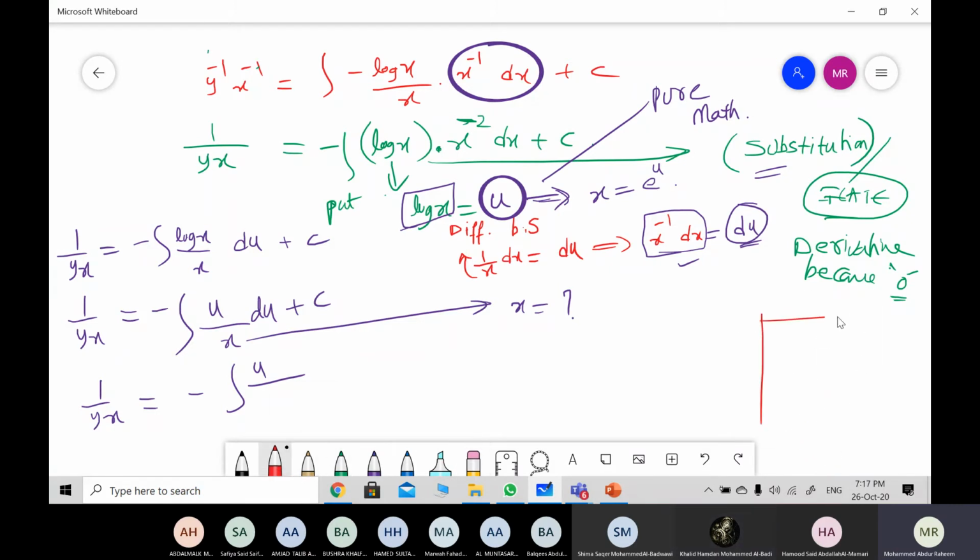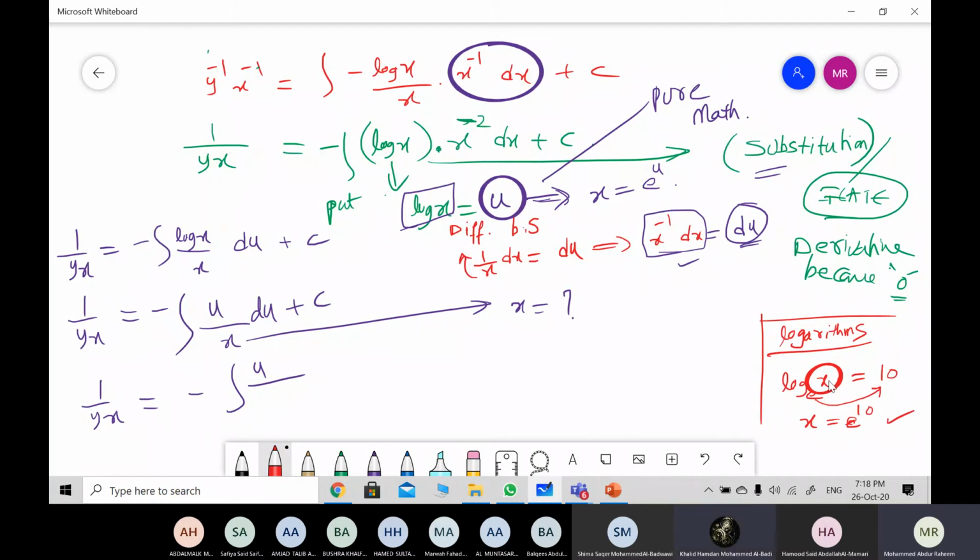What we used to do in the logarithms chapter, after starting some rules and properties: log x to the base e equals 10, and they ask what is x. Then this e will go as base, e power 10. You got it?